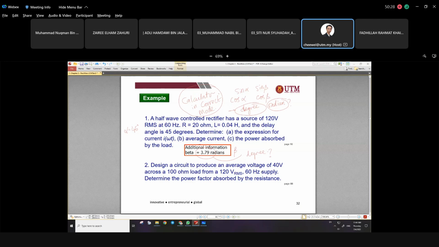Very quiet. How do we start? 180 equals pi, isn't it? And then if you have 3.79, what is the degree? I put it as x, so I don't know what is x. So x equals 3.79 divided by pi times 180 degree. What should I get? Press your calculator. 3.79 divided by pi times 180. What is the number?